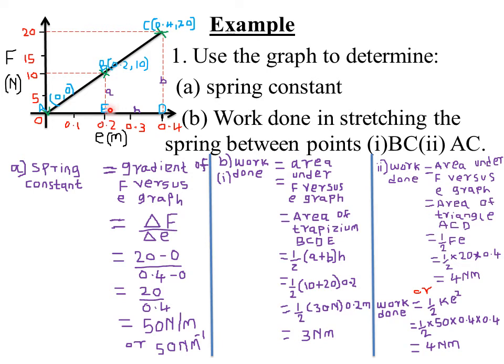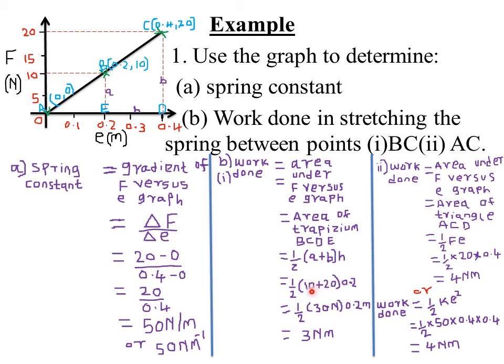Then the distance ED, we are moving along the horizontal axis, or the extension axis, which will be equal to the distance of D from E. So remember, D is at 0.4 meter, then E is at 0.2 meter. So to find this distance, we'll simply take 0.4 meter minus 0.2 meter, which is 0.2 meter.